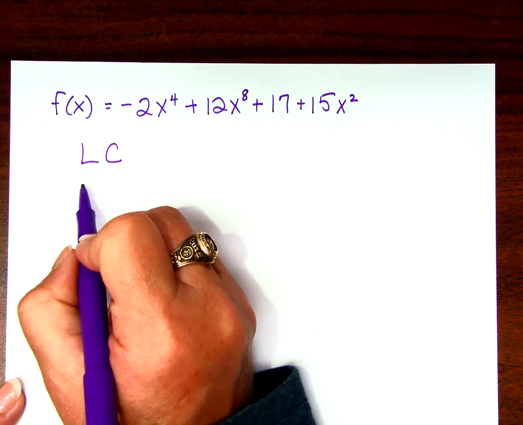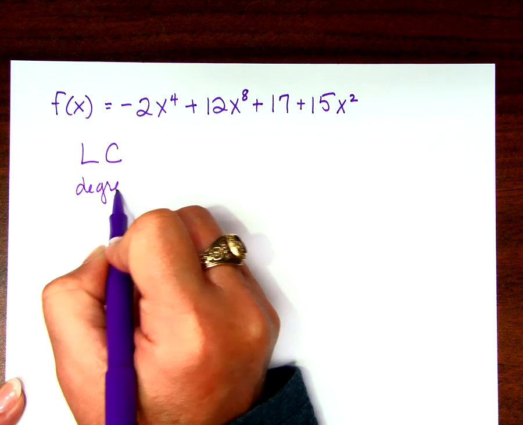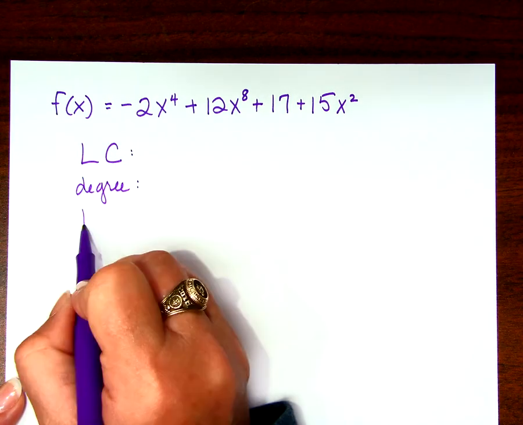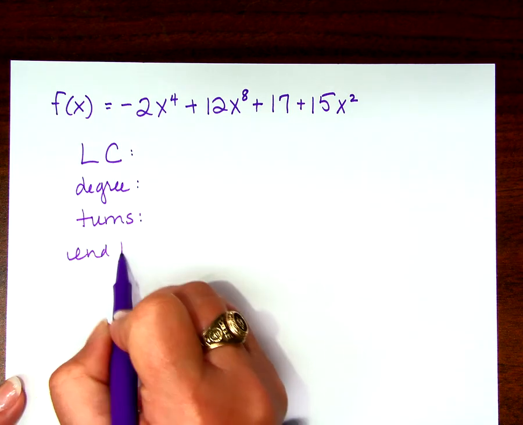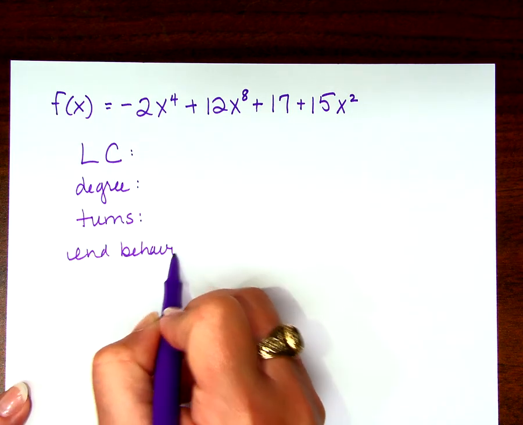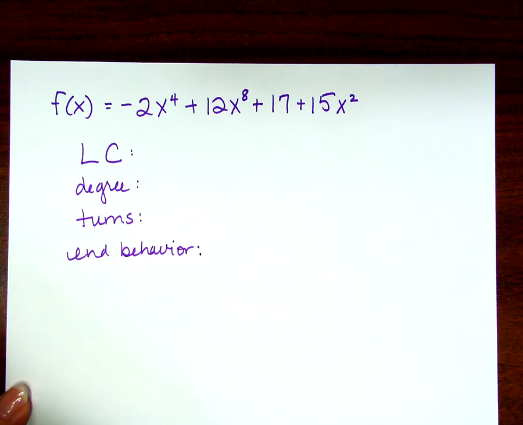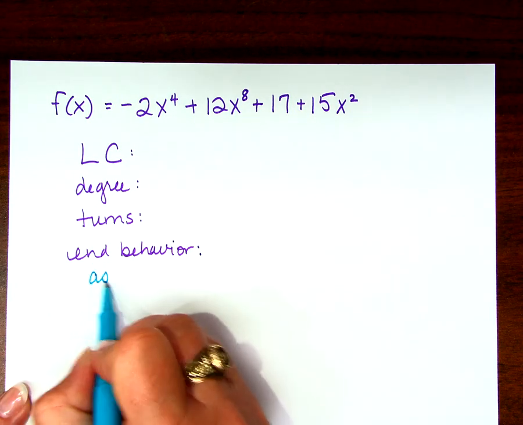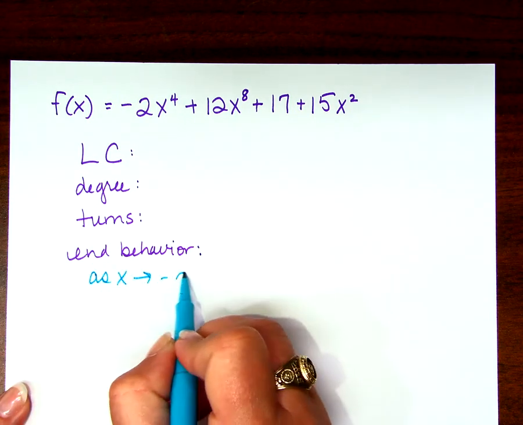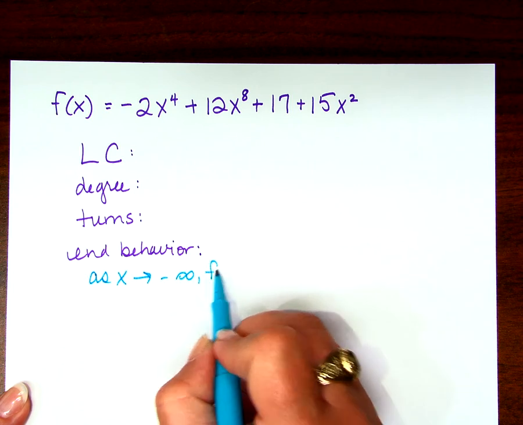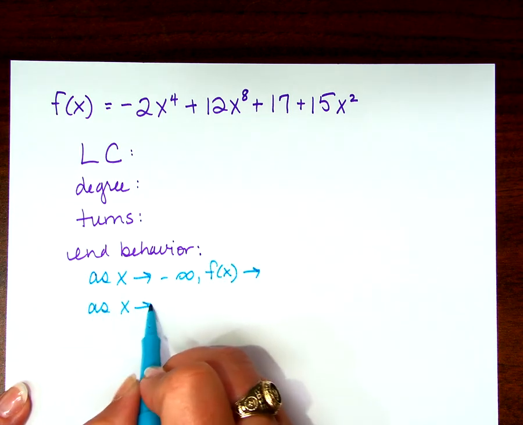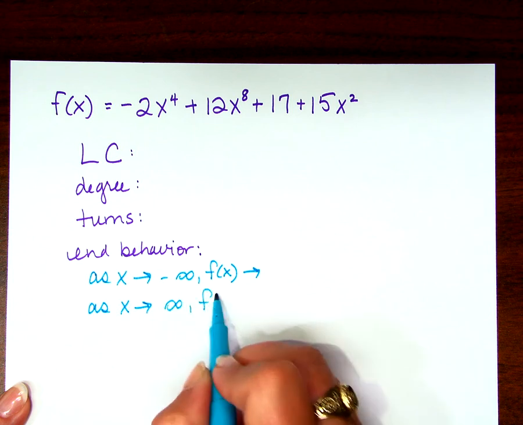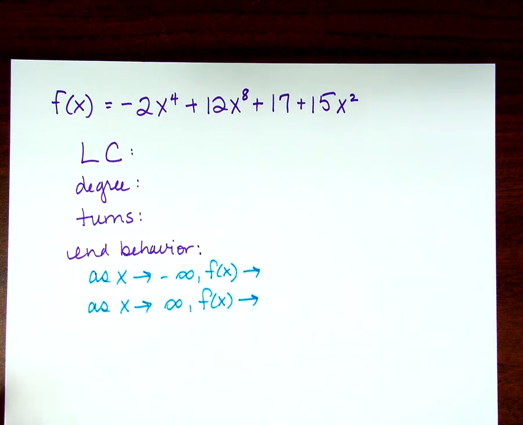Leading coefficient, degree, turns, and end behavior. As x goes to negative infinity, f of x goes to, as x goes to positive infinity, f of x goes to. Tell me when you're ready.